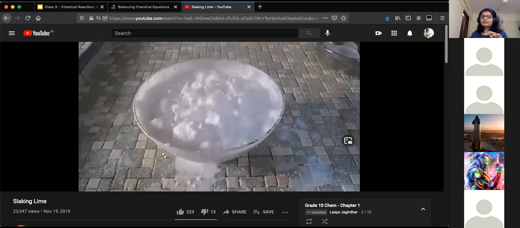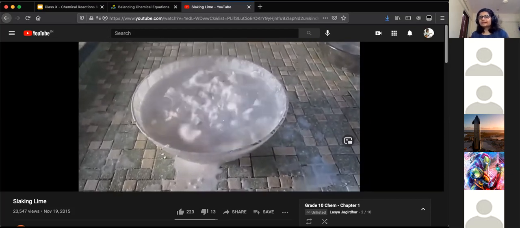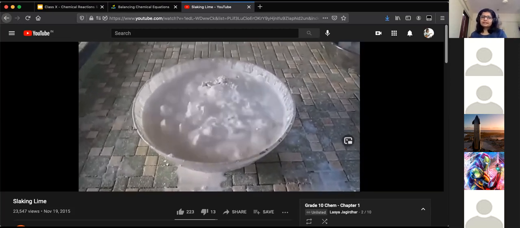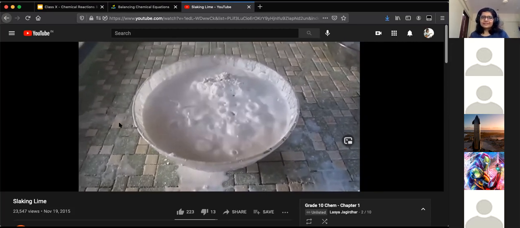So you shouldn't touch them with bare hands, even in the dry state. And of course, you can't put your hand in that, you're going to burn your hand because of this really exothermic reaction. Okay. So that's an exothermic reaction.